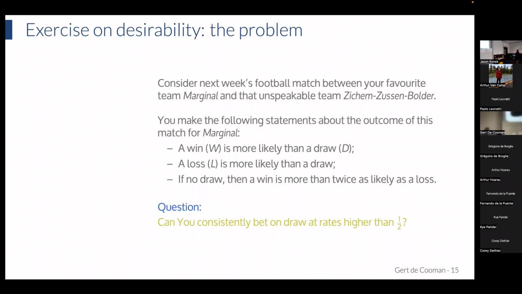We're supposed to use black. Say that winning is more likely than drawing, and that losing is more likely than drawing, and then let's suppose for contradiction that we could consistently maintain not-D, which is just the disjunction of winning and losing.